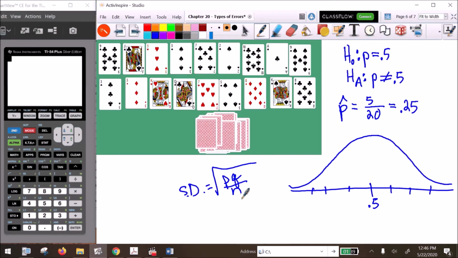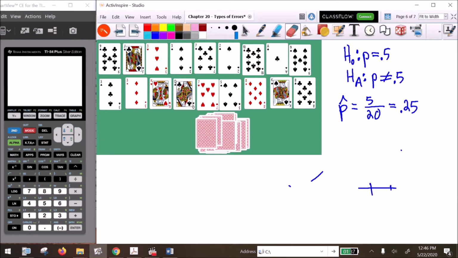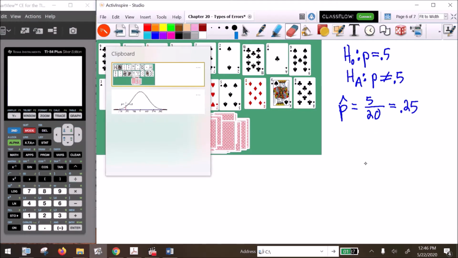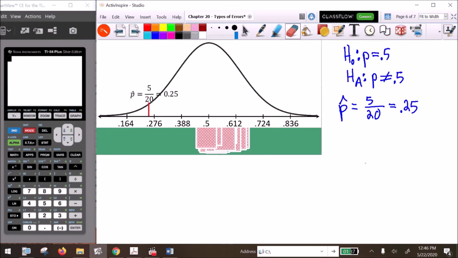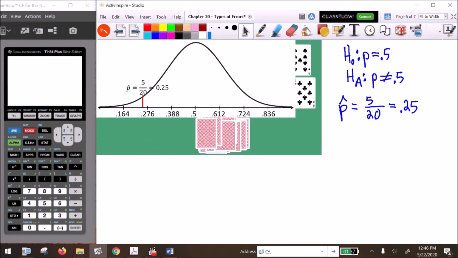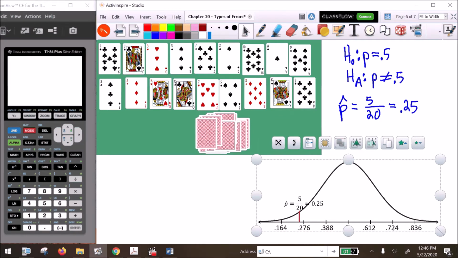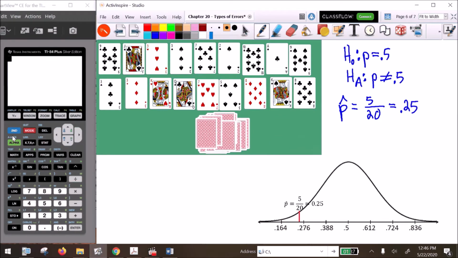I took the liberty of doing that ahead of time, and I'm just going to paste that model in here right now. Here we go. So when I built this model, my standard deviation was 0.112. Calculate that again just to show you.